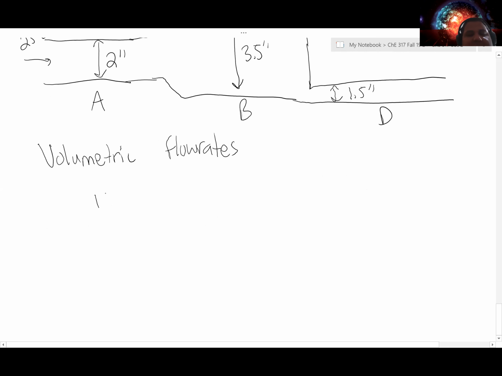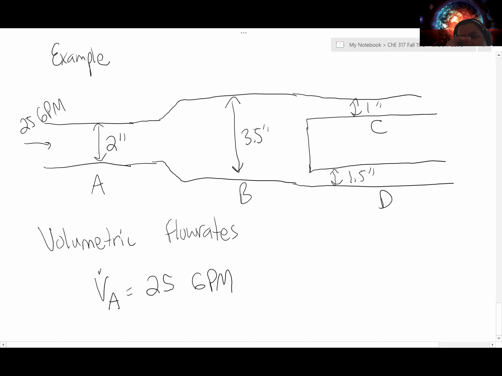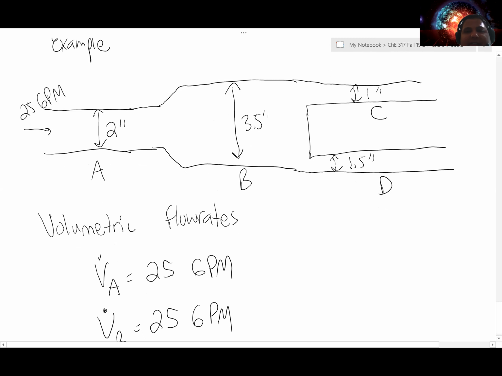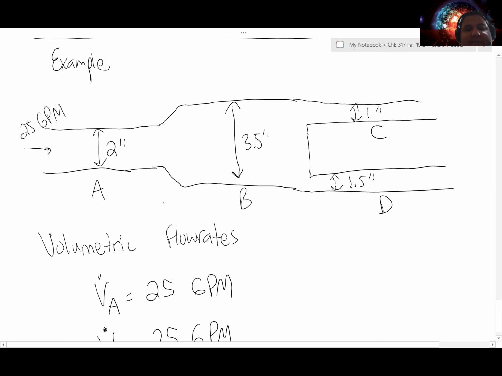And so the flow rate of A is going to be 25 gallons per minute. What about the flow rate of B? Should also be 25 gallons per minute. Yes. The flow rate of B will also be 25 gallons per minute by continuity, because everything flowing out of A must flow into B.